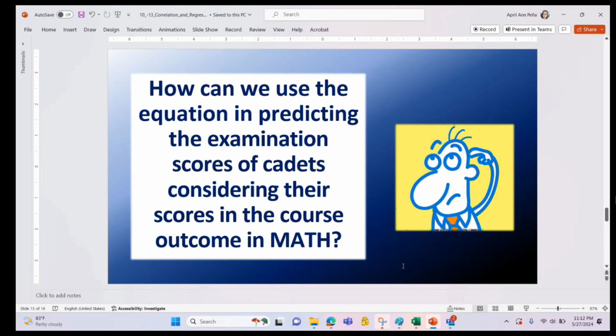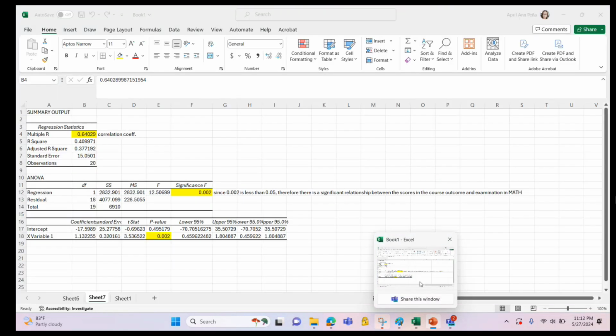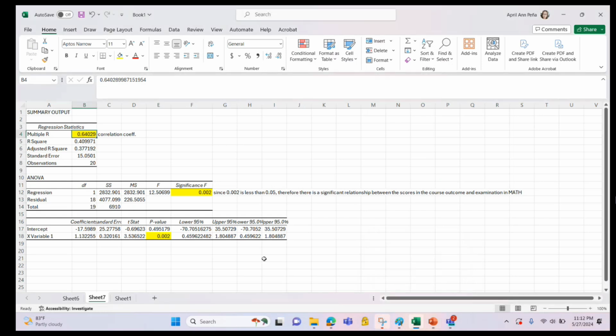So how can we use the equation? That is for the third, because this is already using the equation. Before this, we need to have the equation first. So how are we going to do that?